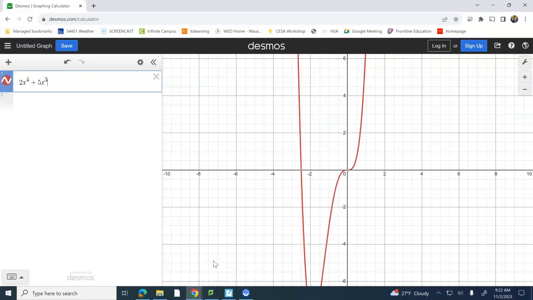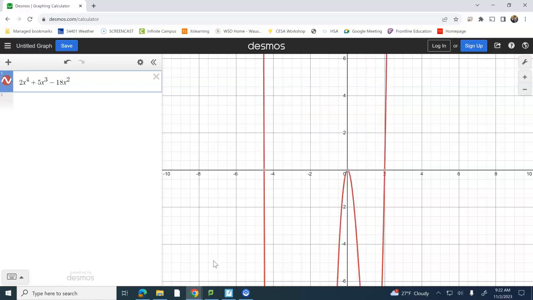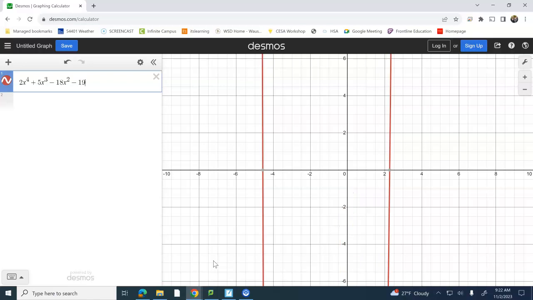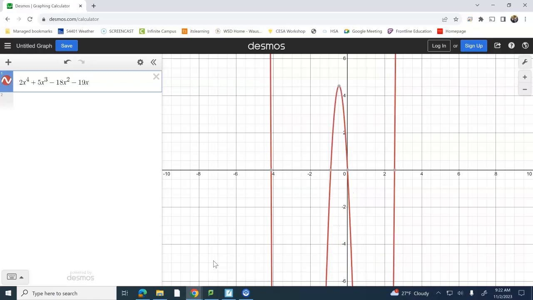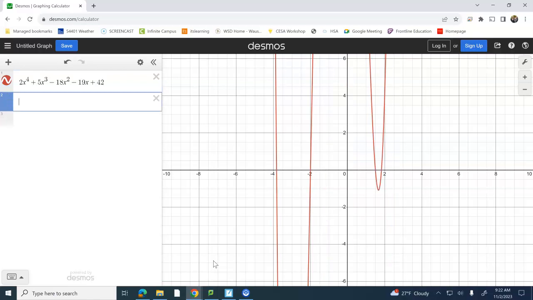I'm not a big Desmos guy. I mean, it's great, but I have a graphing calculator, so I use that more. Minus 18x squared minus 19x plus 42. Okay, so there is the graph of my function.